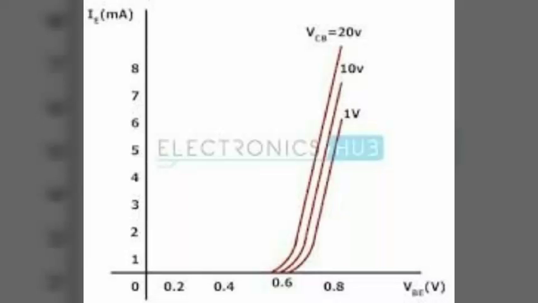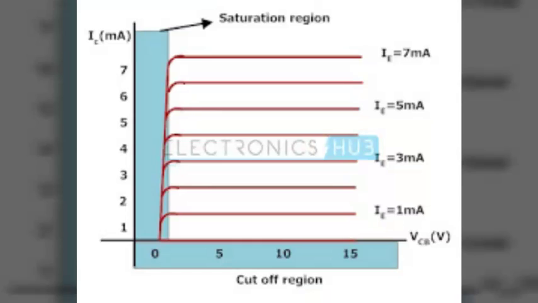It is the ratio of change in emitter-base voltage, meaning delta VEB, to the resulting change in emitter current, delta IE, at constant VCB. Therefore, Ri is equal to delta VEB upon delta IE at constant VCB. As a very small VEB is sufficient to produce a large flow of emitter current IE, the input resistance is quite small, of the order of a few ohms.